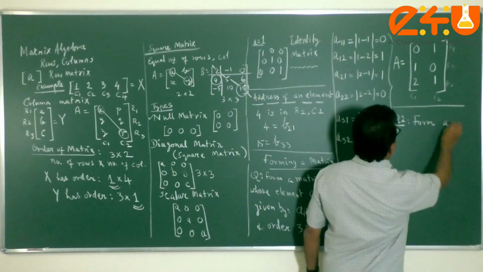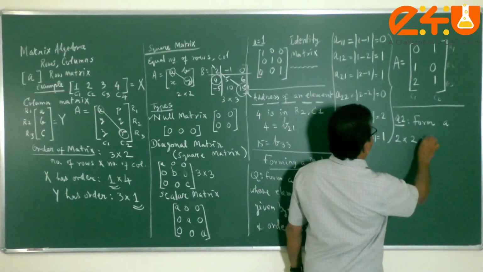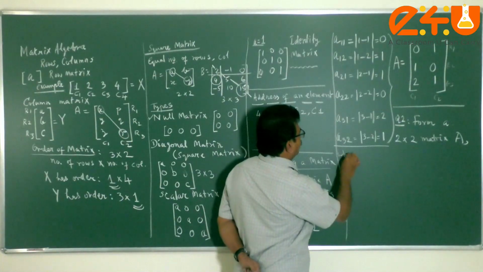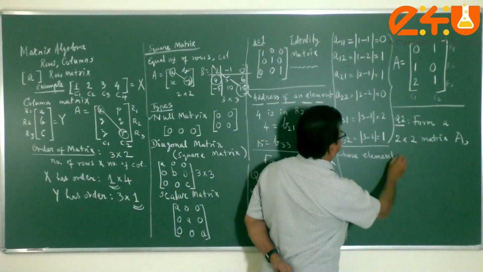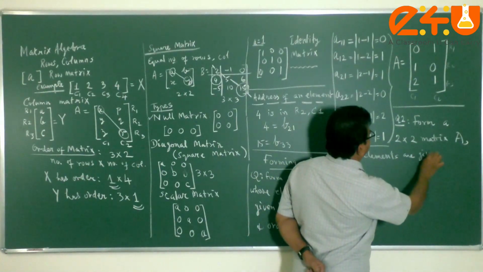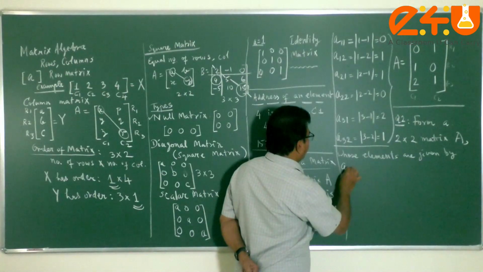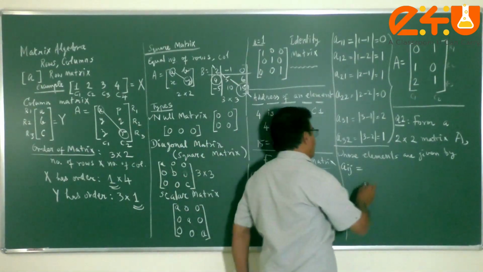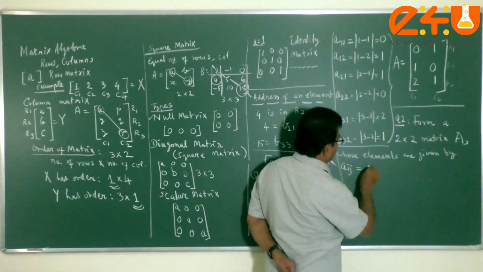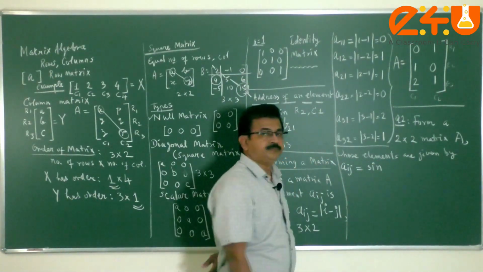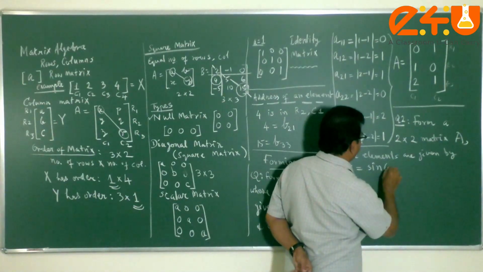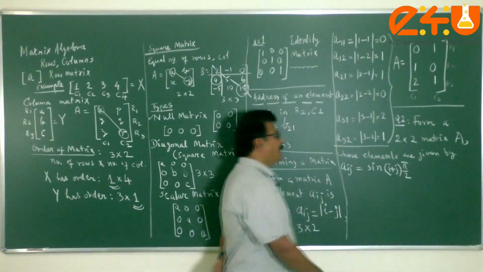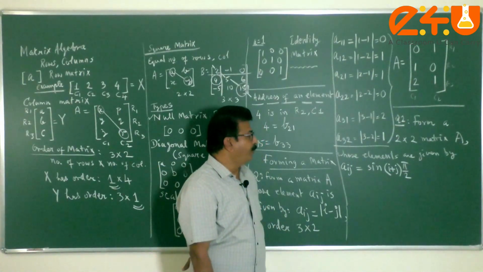Form a 2 by 2 matrix A whose elements are given by Aij is equal to, let us make, for example, sine of (i plus j) pi by 2.